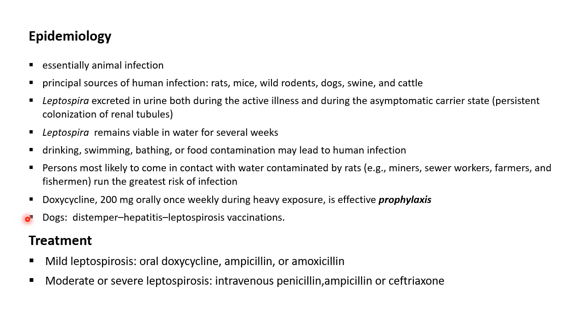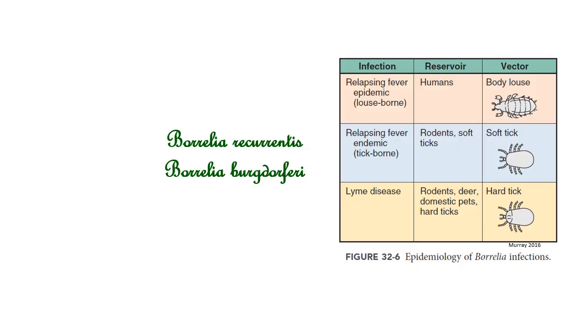So we have the distemper, hepatitis, leptospirosis vaccines. Treatments for mild leptospirosis include oral doxycycline, ampicillin, or amoxicillin. For moderate or severe leptospirosis, this would involve intravenous injection of penicillin, ampicillin, or ceftriaxone.